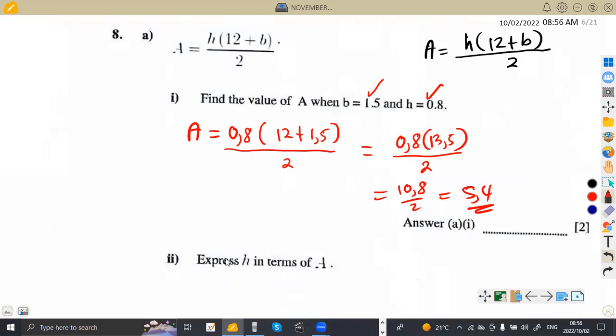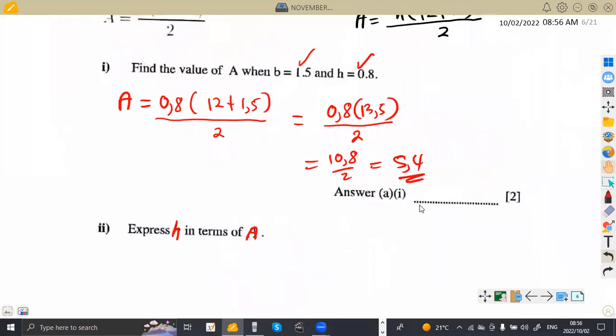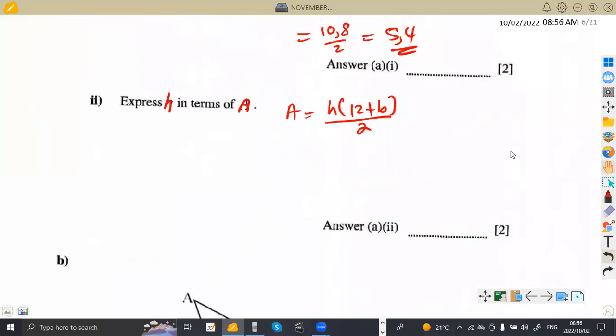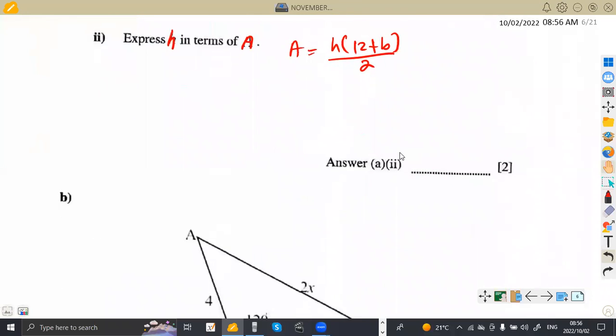All right. Then express H in terms of A, meaning make H the subject of the formula. We are given that A is equal to H into 12 plus B, over 2. Now make H the subject. How are you going to do that?